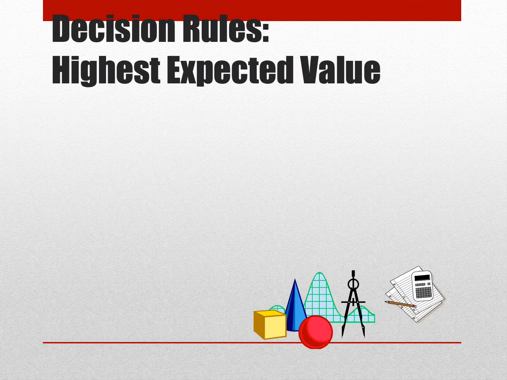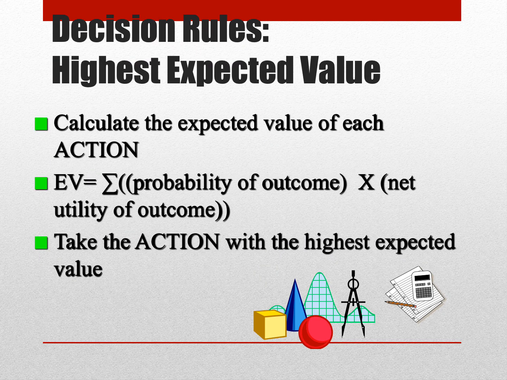The last rule is the highest expected value rule, or also known as the utility maximization rule. So first, we calculate the expected value of net utility for each action. Second, the formula for the expected value is found by multiplying the subjective probability by net utility and then summing these products.